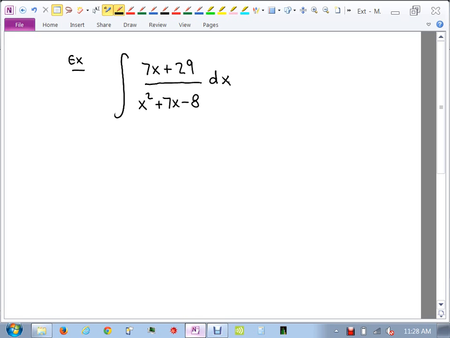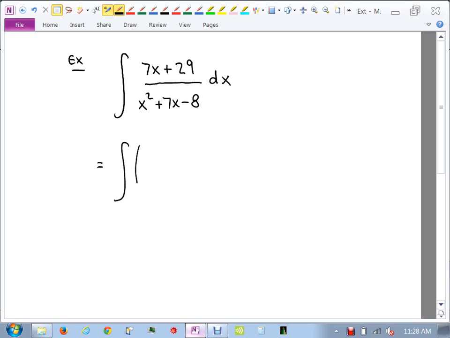What you would do is partial fraction decomposition on the inside, breaking that down into two things separated. We did that in separate work: let x be 1, let x be negative 8. We got our a and b.